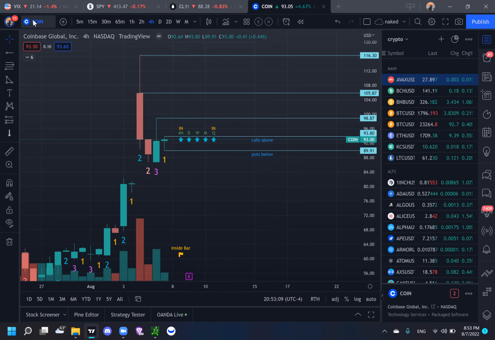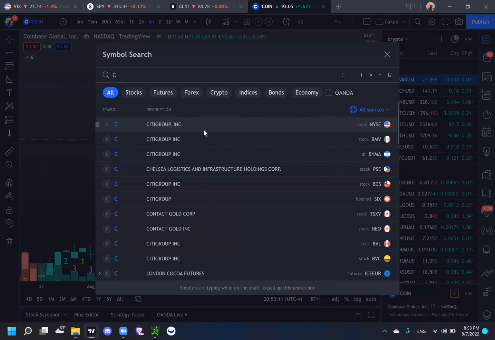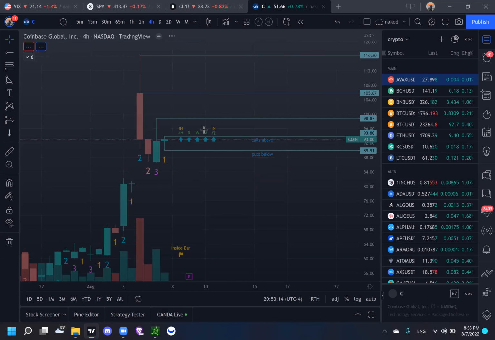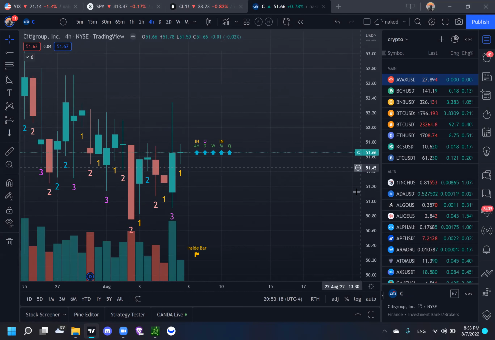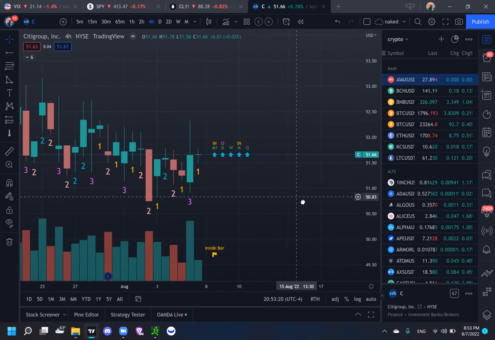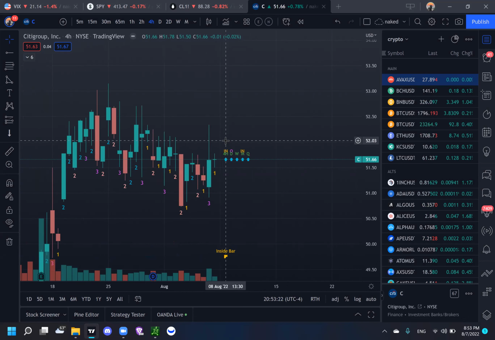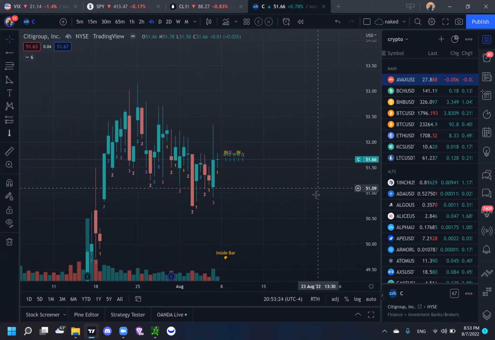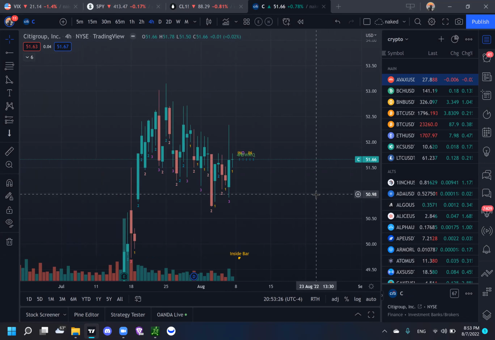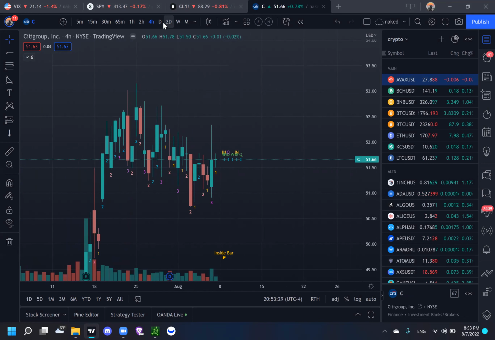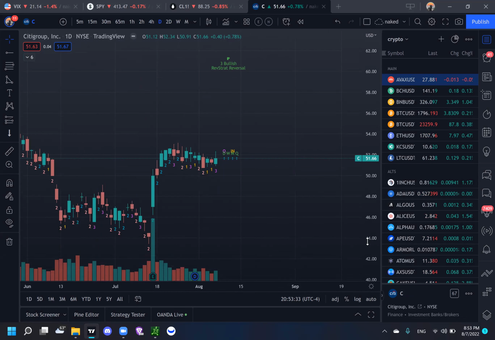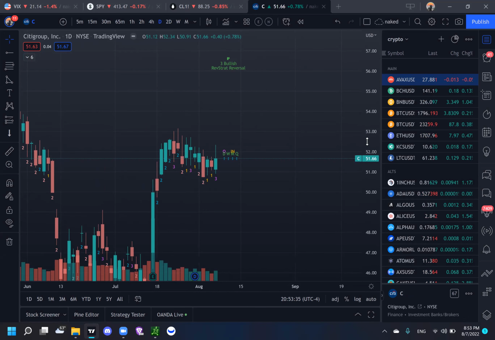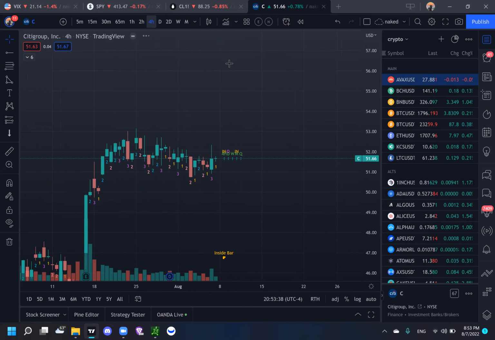Let's see, Citigroup as well. I kind of hate trading banks, but if they go your way, they will definitely pump. I'll tell you that much. This looks okay. It's a lot of choppiness. Daily. It's kind of just chopping for the most part, but everything is bullish.